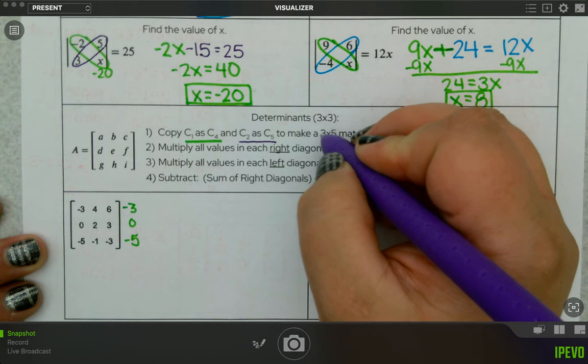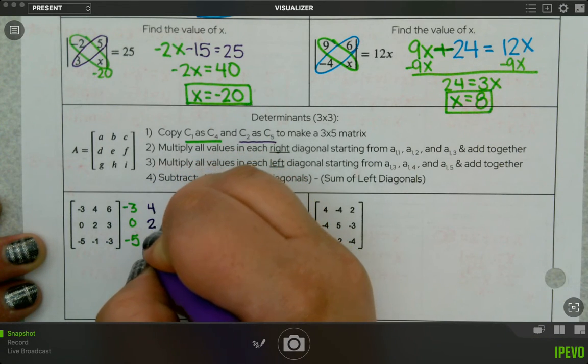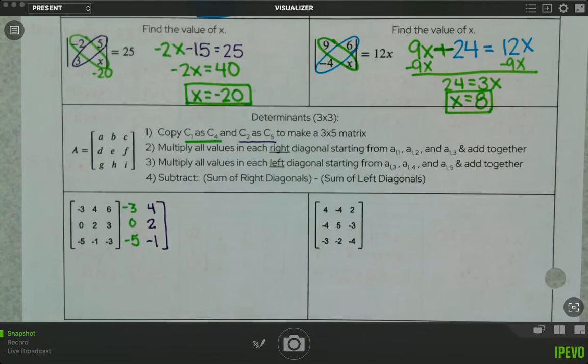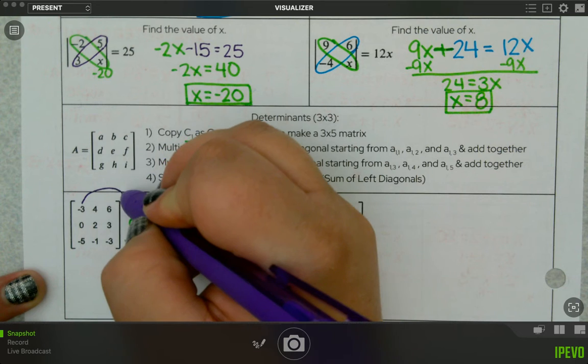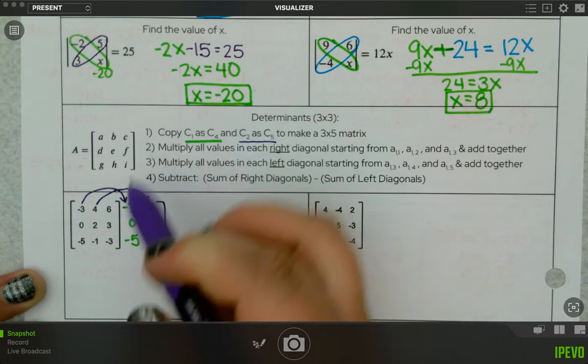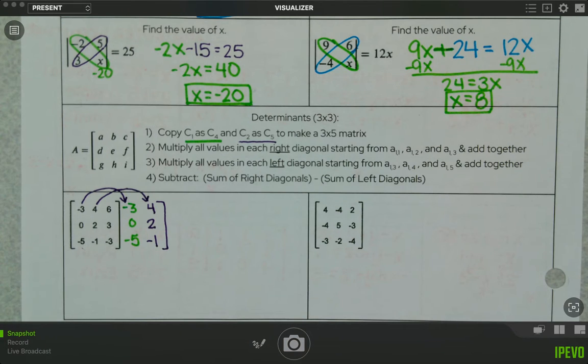So we want a 3 by 5 matrix. And I'll show you why we want a 3 by 5 matrix in just a second. So basically we're just adding, this column is going right here, and this column is going right here. You're copying these two to the end, just not the third one. The third one just stays in the middle.